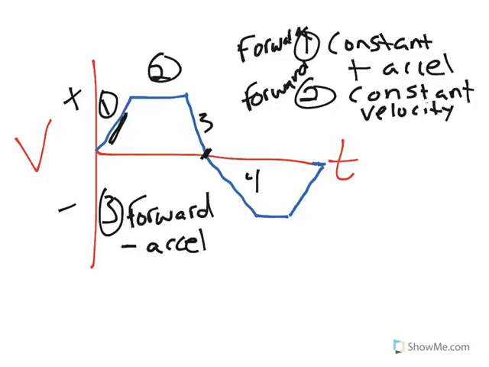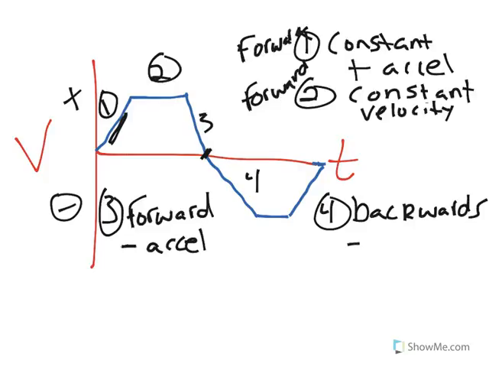All right, this fourth section, the acceleration changes slightly, but this one is now moving backwards. Why is it moving backwards? Because now the velocity is in the negative section. And so this graph would now be moving backwards. It's going to have a negative acceleration, and this one is speeding up in the negative direction.